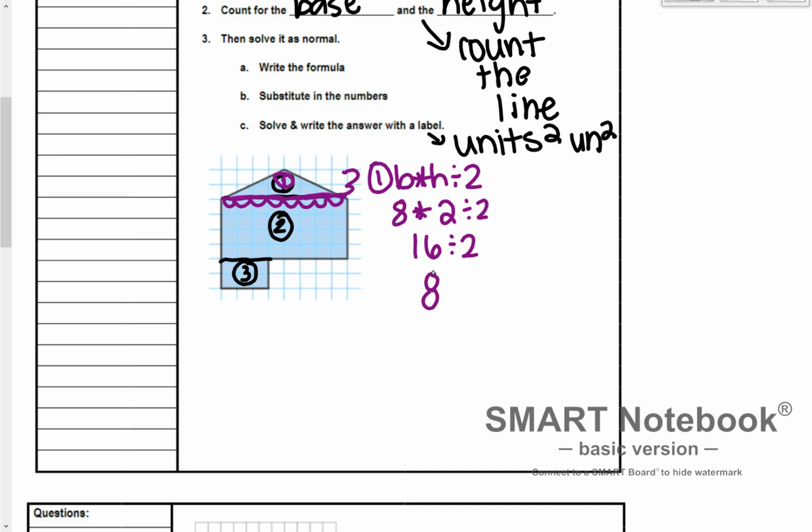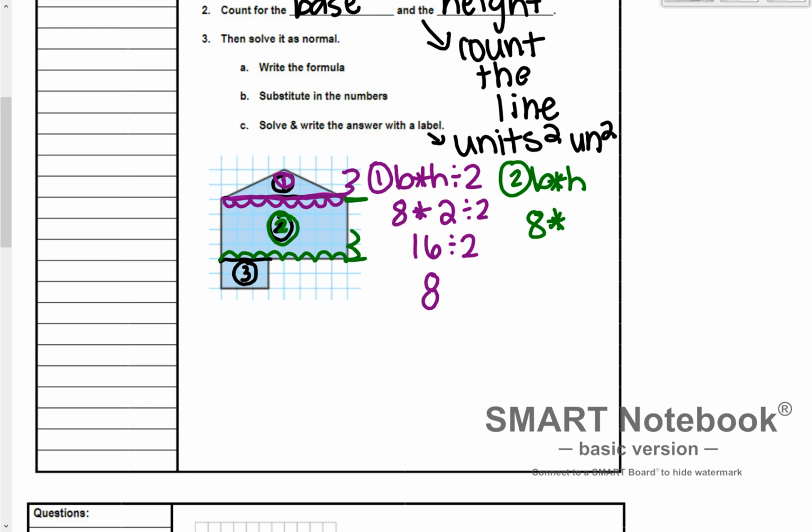Divided by 2 would get us 8. Next, I'm going to do my middle rectangle in green. That's going to be base times height. My base, 1, 2, 3, 4, 5, 6, 7, 8. Or we could have known that since the top was 8, the bottom is going to be 8, so we wouldn't have had to recount that. And then my height of just that rectangle is going from here to here.